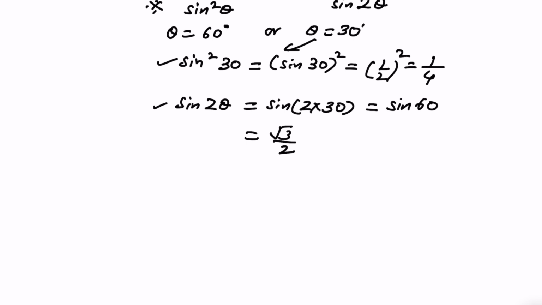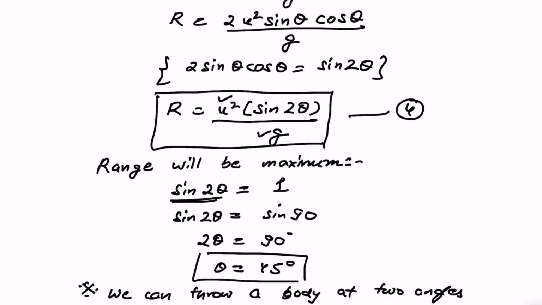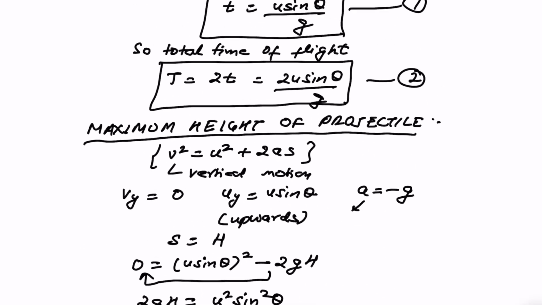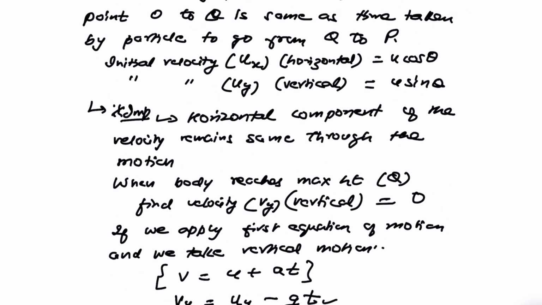If you have to find sine 2 theta, first of all you will double the angle, then you will write the corresponding value of it. So these were the three formulas whose derivations are very important: range, as well as the maximum height, as well as the time of flight.